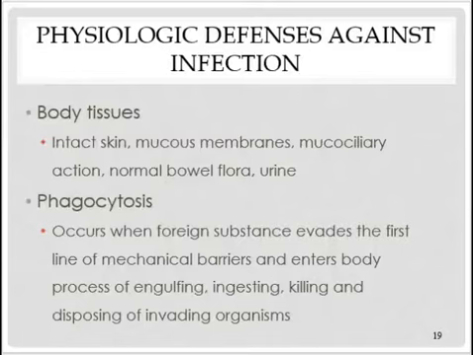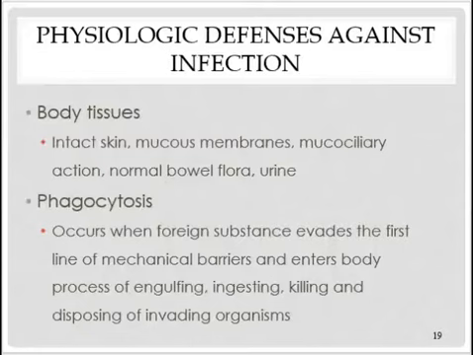The common defense mechanisms that we're going to talk about in this slideshow include body tissues, phagocytosis, inflammation, and immune systems. And the video that I showed earlier in this lecture gave us a good look at all 4 of these defense mechanisms against infection.